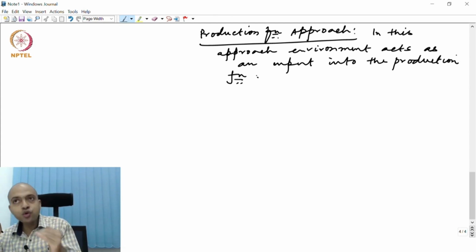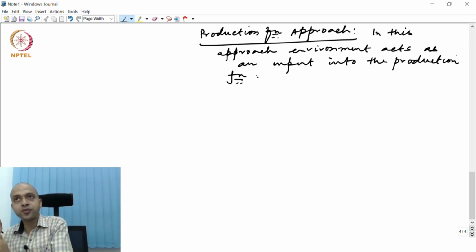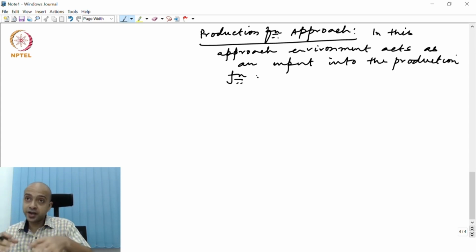So by now what we understood is that there are basically three approaches to estimate the economic value: stated preference, revealed preference, and production function approach. Now, as I said, there is no guarantee that all of them would be able to capture the entire economic value, that means the total economic value.